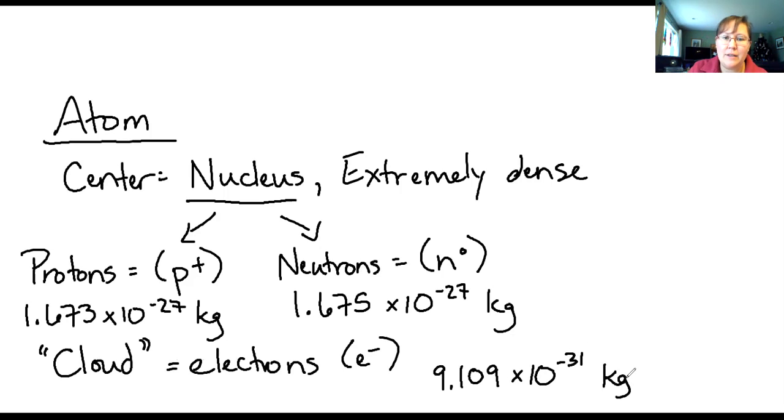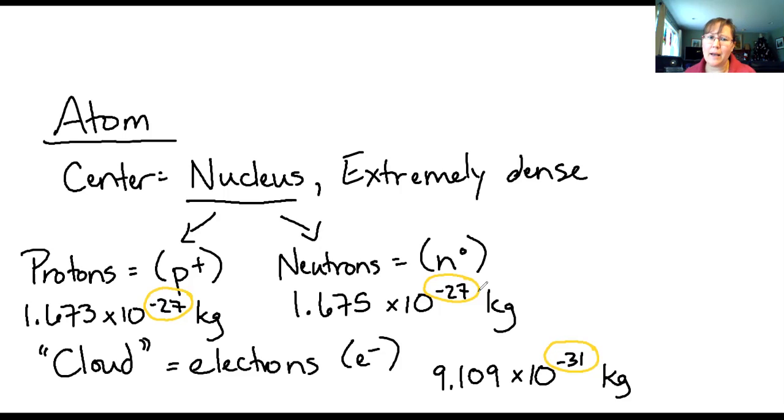Now, these orders of magnitude are outside of the range of what we're accustomed to. 27 to negative 31. The protons and the neutrons are each more than 1,000 times bigger than the electron. It doesn't look like a big deal here. It's only a few difference, but it's huge because it's an order of magnitude in scientific notation. So protons and neutrons are more than 1,000 times bigger than electrons, which is why pretty much all the mass is right there in the center of our atom.